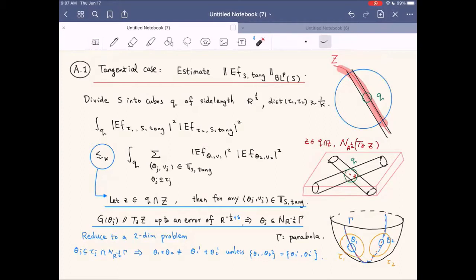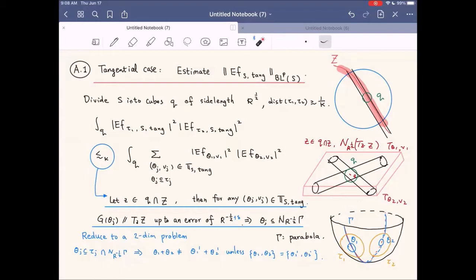This is by our tangential tube assumption. And then the lemma that we have seen at the beginning of today tells us that the corresponding directions, the thetas of those tubes T theta, will lie on the paraboloid in the r to the -1 neighborhood of a parabola.